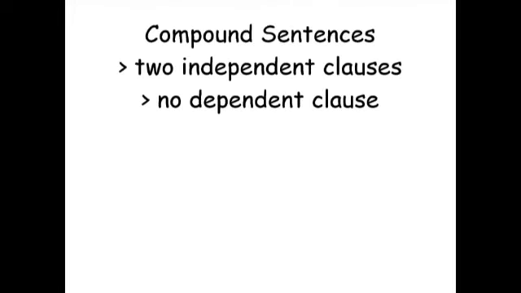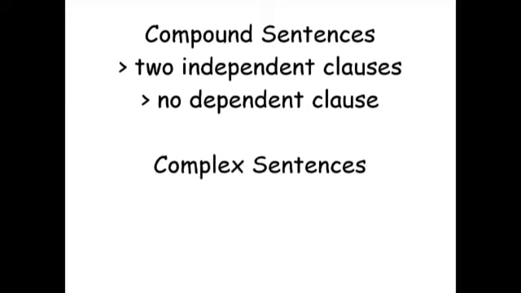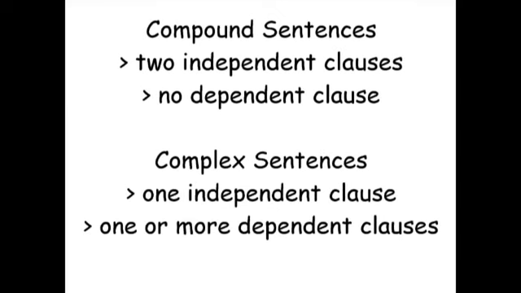Earlier, compound sentences required two independent clauses but no dependent. And then, complex sentences required only one independent clause and also one or more dependent clauses. Join them together and we'll have a compound complex sentence.